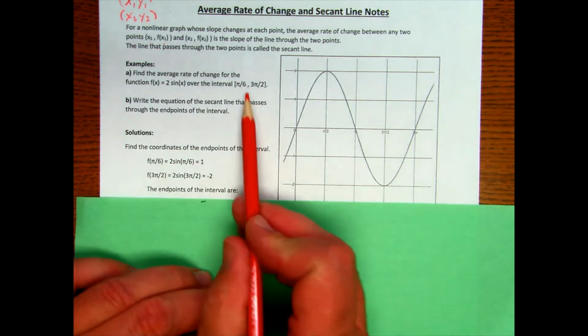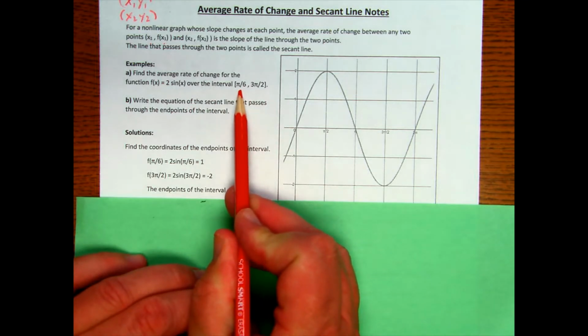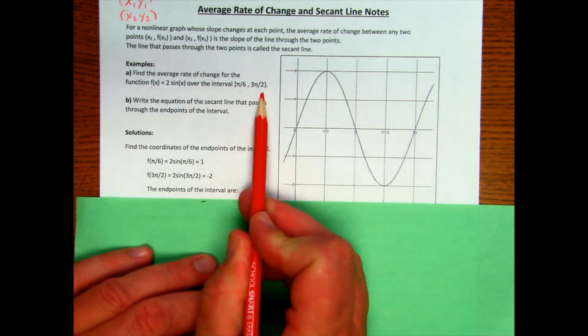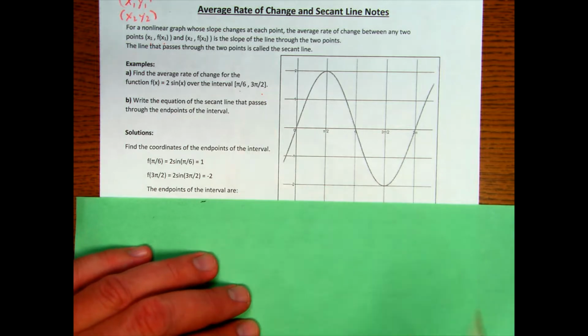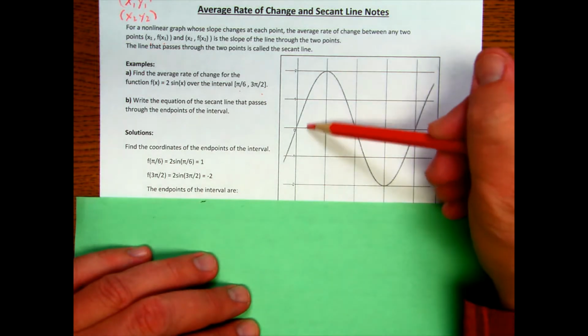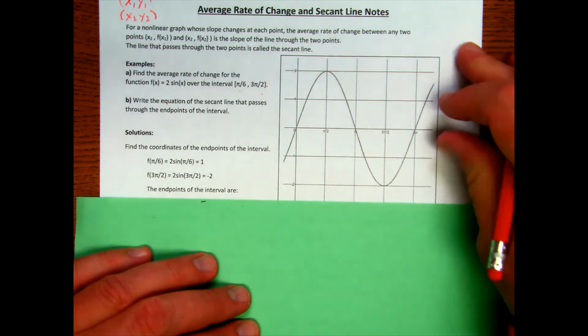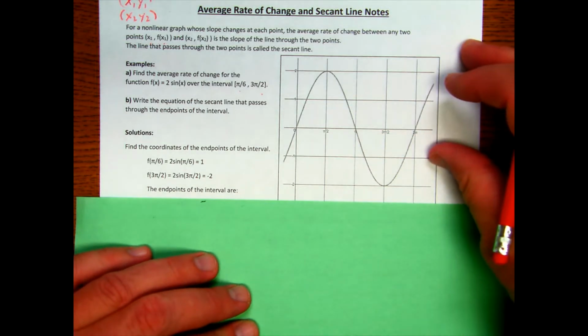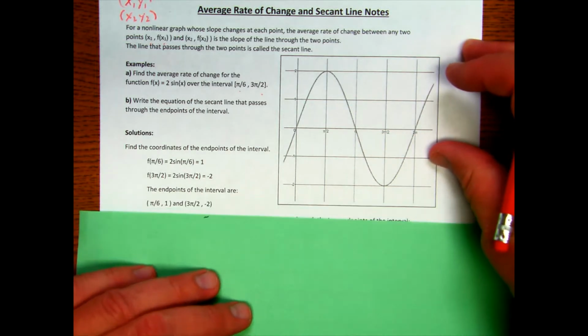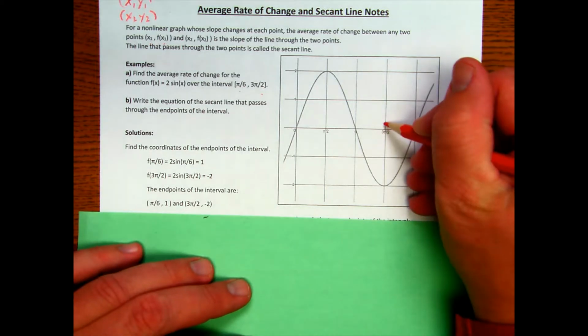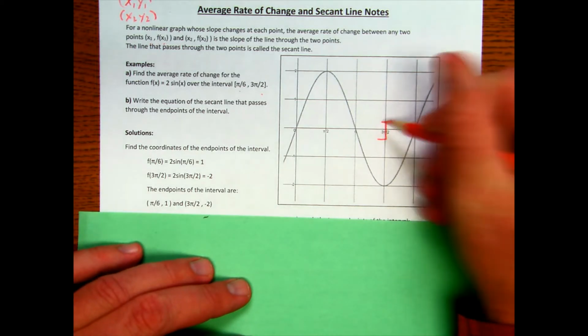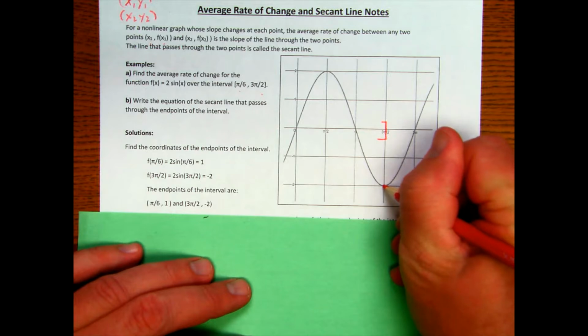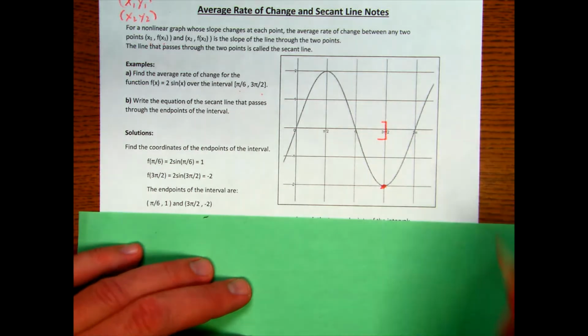The interval we're concerned with is an x value of pi over 6 to an x value of 3 pi over 2. Well, pi over 6 would be somewhere in this neighborhood right here. We can't get that value directly from the graph. 3 pi over 2 is over here. So it appears as though this is the endpoint for the interval that we're talking about.